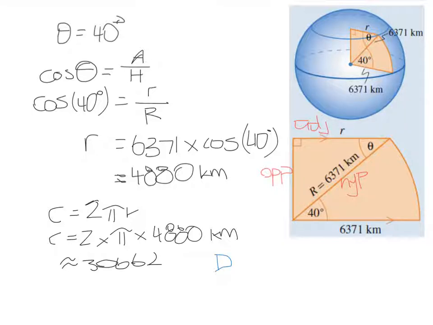So basically, distance is going to be, let's start with our circumference measurement, 2 pi r, except that the r part is the radius of the parallel of latitude. So it's actually going to be like this, the radius of the parallel of latitude, and to find that we used big R, which is the radius of the equator, 6,371, multiplied by the cosine of the angle.